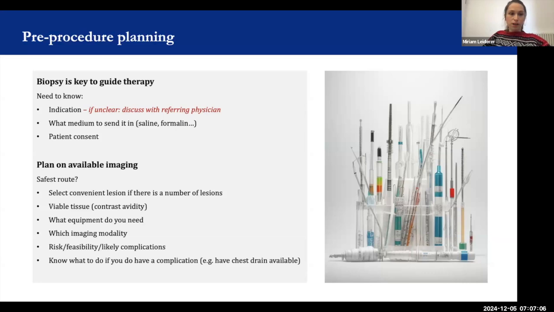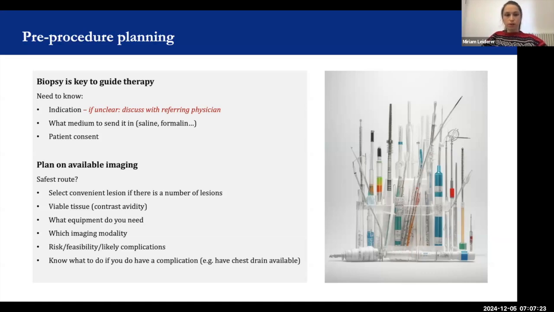Then if you have imaging available, you're going to already plan your biopsy even without the patient present. You try and find the safest route. If there are multiple lesions, you can select a convenient lesion.